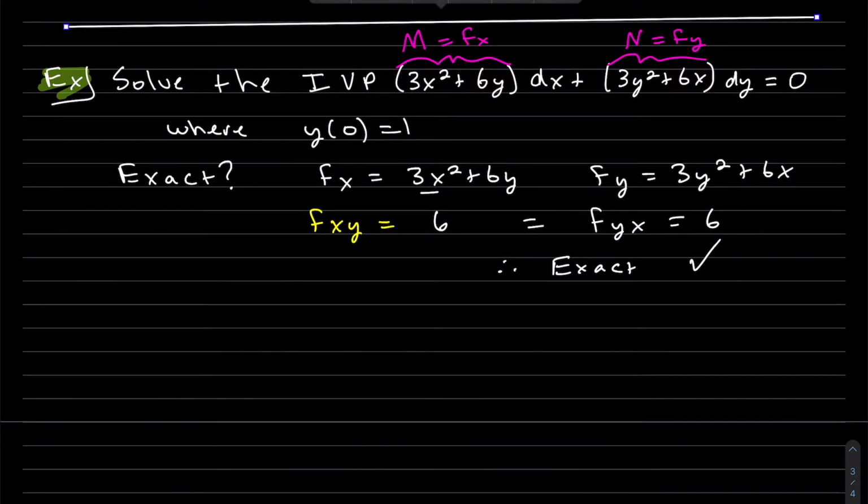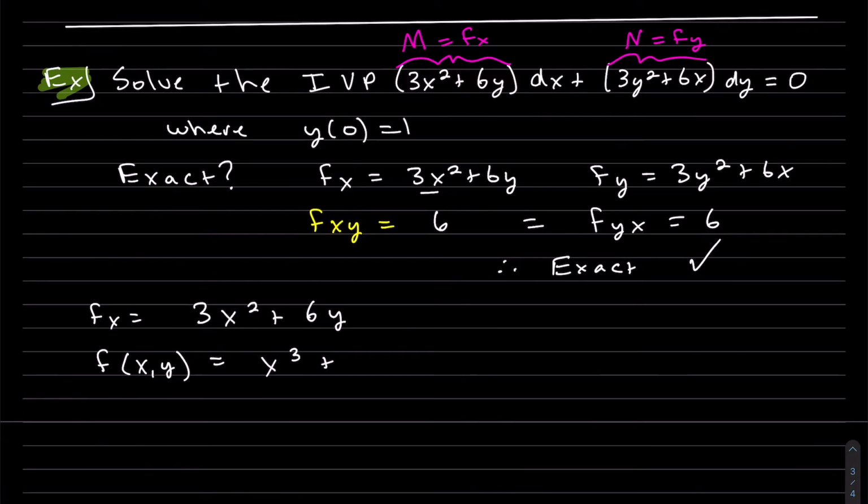So let's go ahead and start off with f of x. F of x is given to be 3x squared plus 6y. So again, we're taking the integral, and we get x to the third divided by 3, x to the third.